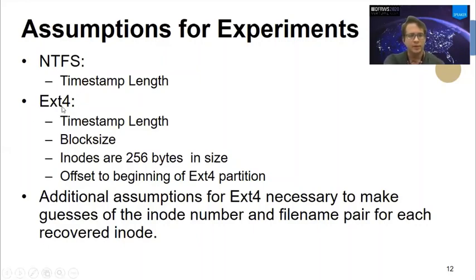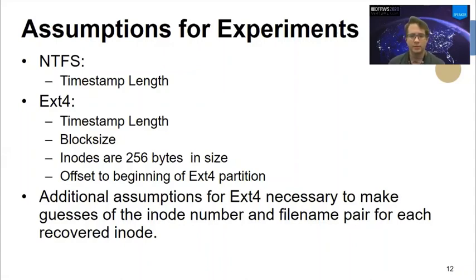For ext4, we also need to assume some other things. We need to assume the block size. We need to assume that the inodes are of size 256 bytes. And we need to assume the offset to the beginning of the ext4 partition.